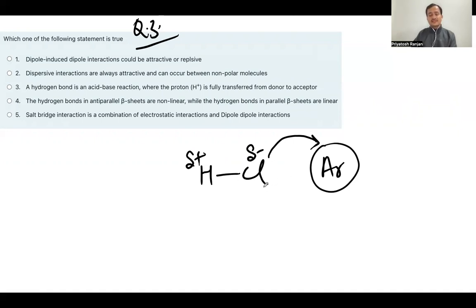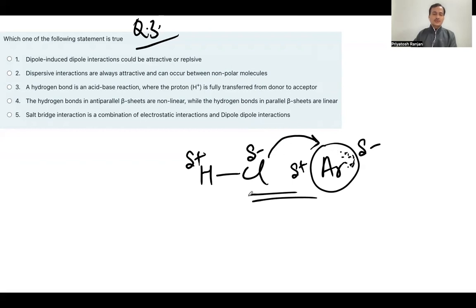If this molecule comes in contact with the argon, because of such a dipole, you'll find uneven distribution of electrons in the argon. For a brief period of time, you can find all of the electrons coming together on this end, generating partial positive and partial negative charges. Coming back to the option, dipole-induced dipole could be attractive or repulsive. It's going to be attractive, not repulsive.